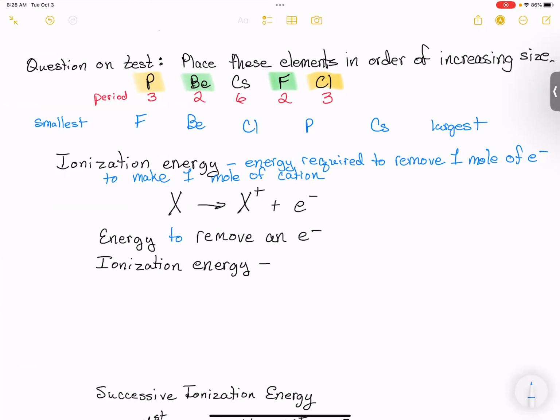So in other words, the chemical reaction would be X, which is just a general variable for any element symbol up there. That element is going to become a positively charged ion with the removal of an electron.